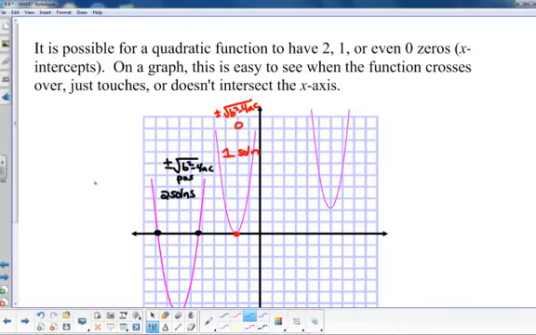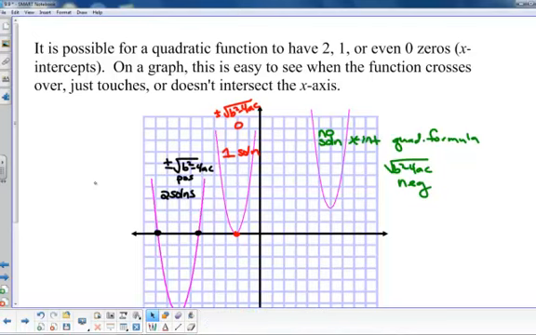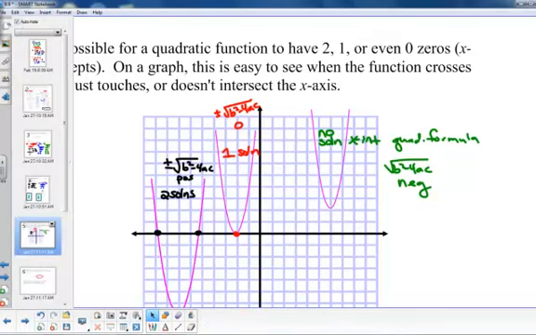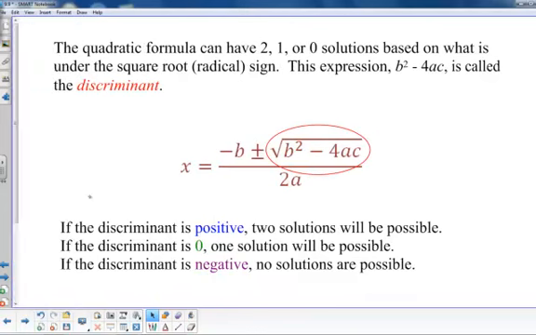Or you're going to get no solution for the x-intercept quadratic formula. And in that case, the square root of b squared minus 4ac is negative, and you cannot take the square root of a negative, so that's why it looks like that. Which is what I just explained.